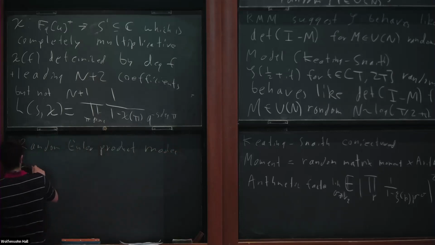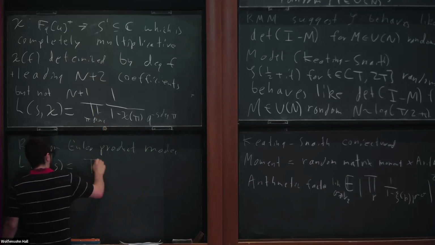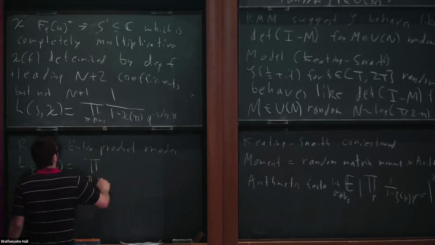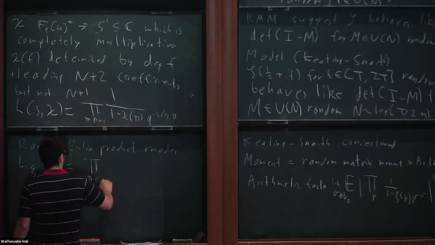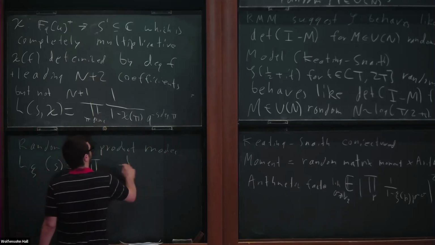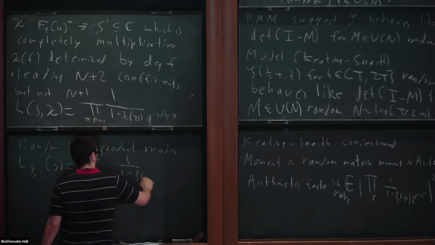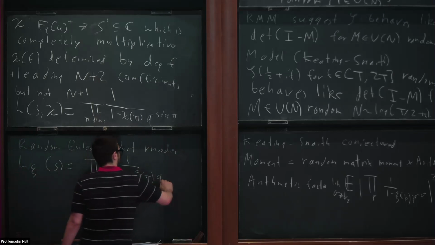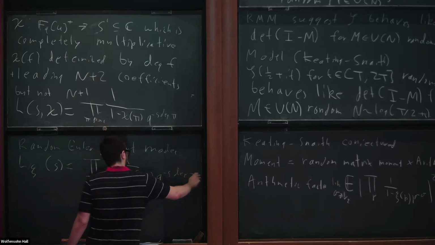which will involve an Euler product L_C associated to a function c of s, which is the product over pi prime, pi in F_q[u] prime, of 1 over 1 minus c of pi, q to the minus s degree pi.